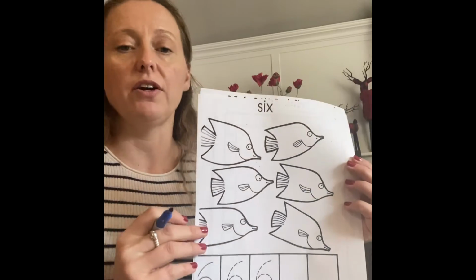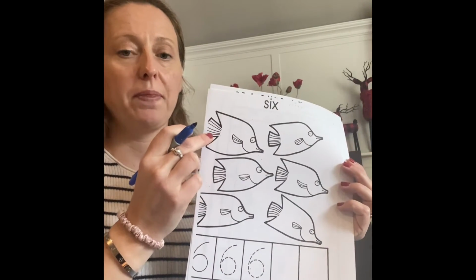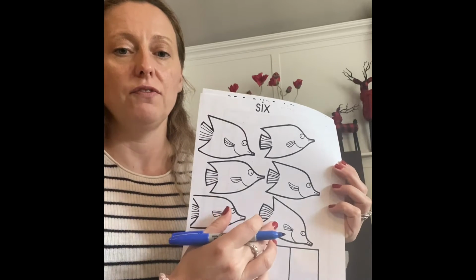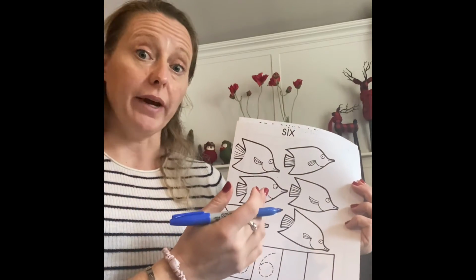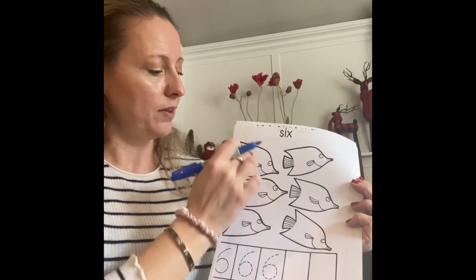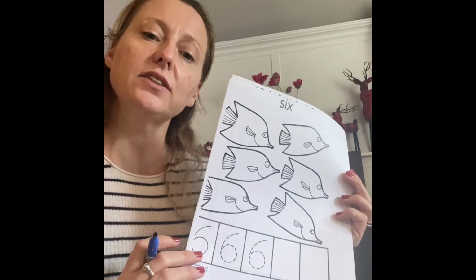Counting. Here are your 6 fish. So let's count the fish together. 1, 2, 3, 4, 5, 6. And count them different ways. 1, 2, 3, 4, 5, 6. 6 fish.